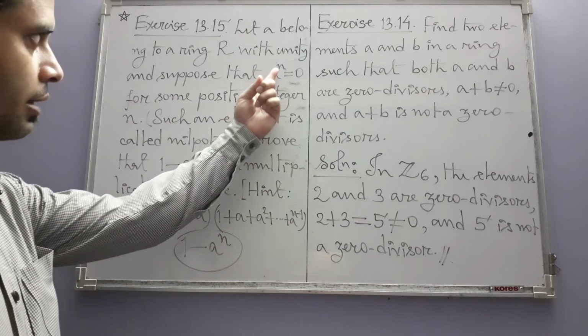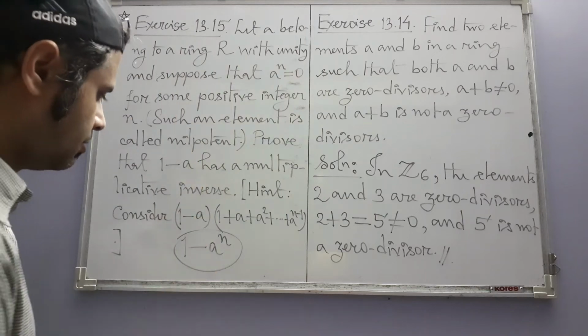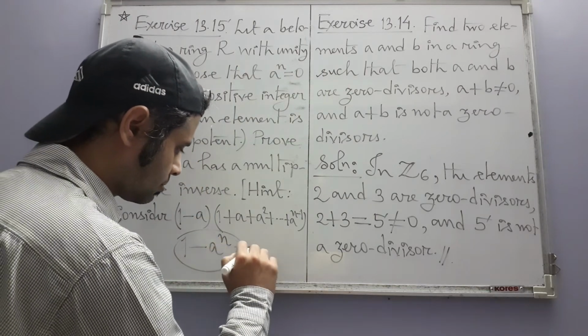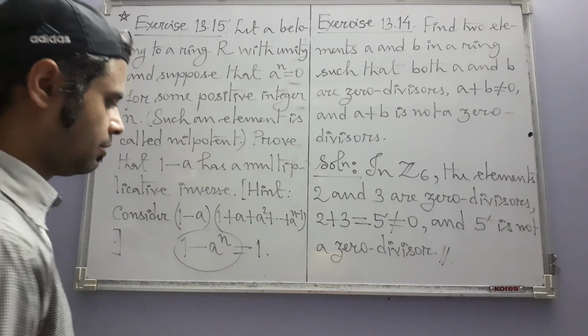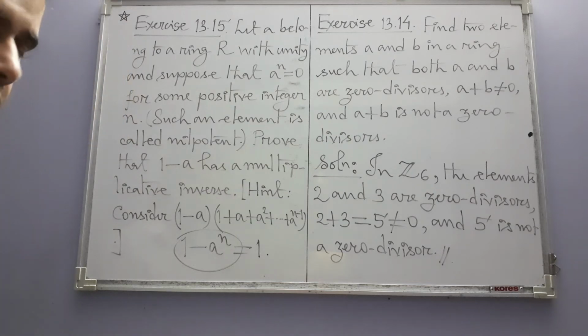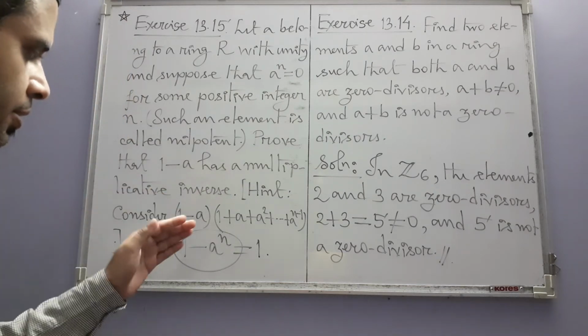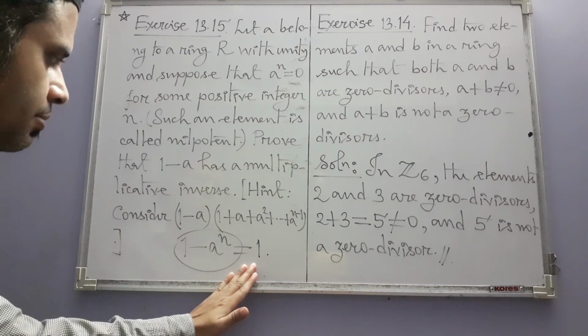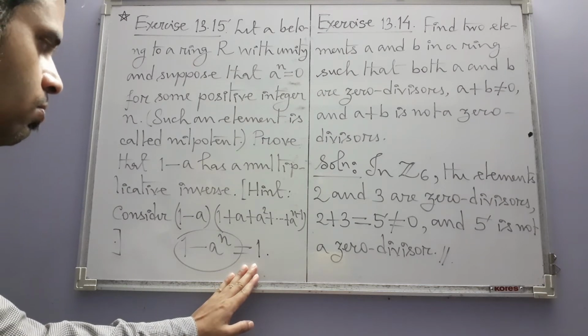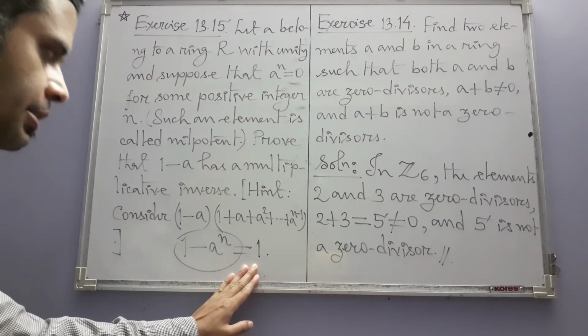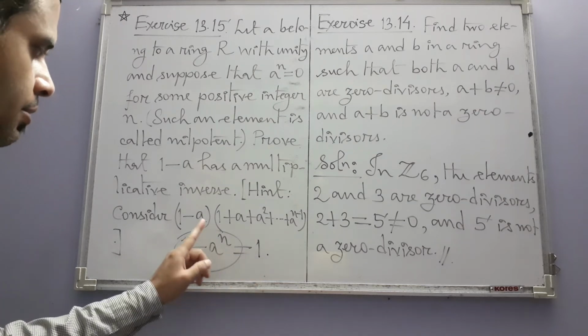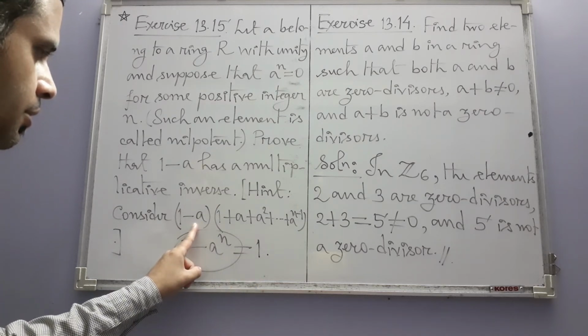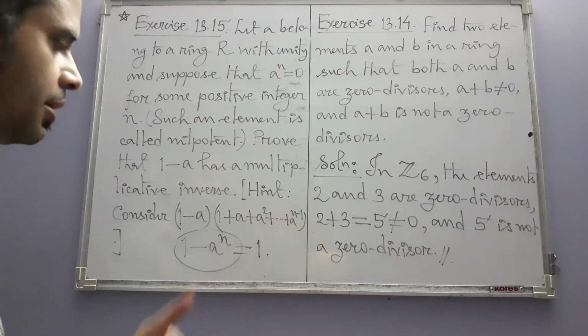Then you use the fact that the nth power of A is 0, so this becomes 1. That itself will tell you that this is a unit and this is the multiplicative inverse.